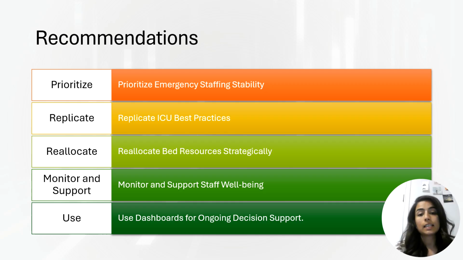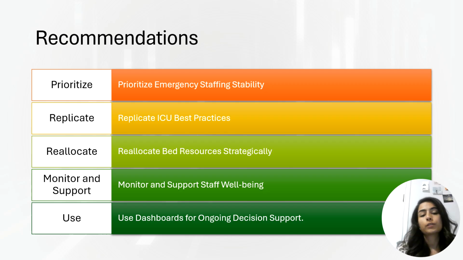Last but not least is to implement department-specific improvements. Emergency may need scheduling changes. Surgery may need better resource allocation, and general medicine may need strategies to maintain their existing satisfaction level.